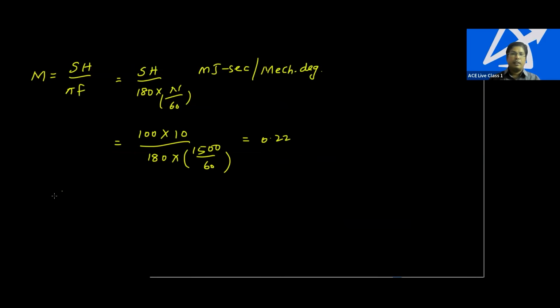Now the angular acceleration alpha is 1 by 0.22 into 50 mega. It is 50 divided by 0.22. It is 227.27 mechanical degree per second square.